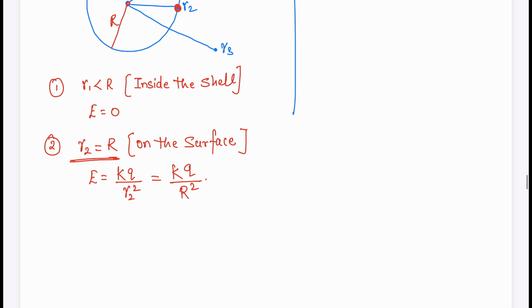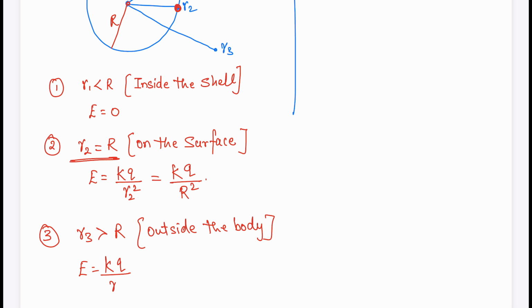Third case, outside, when R3 is greater than capital R, outside the body. Then E is equal to kq over R3 square. Do you understand?